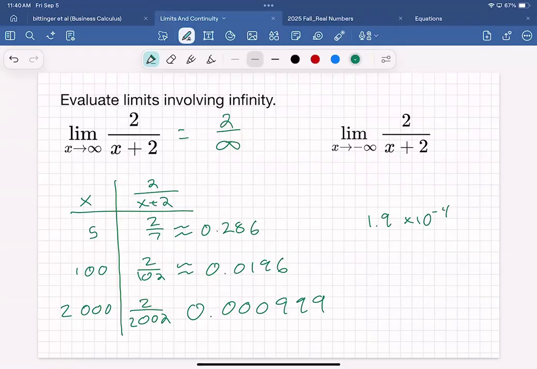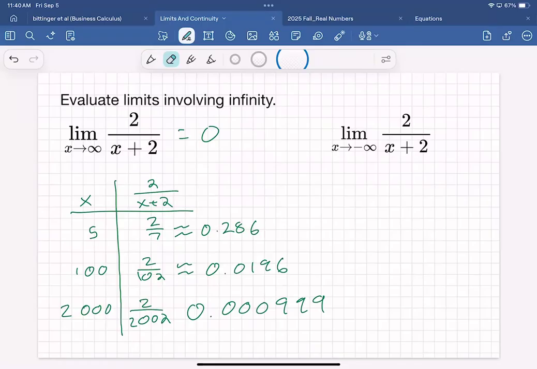But will we ever actually get to zero if we started plugging in numbers? No, right? We could plug in numbers, they're just gonna continue to get smaller and smaller. Does everyone follow me on that? What do we say about the limit then? The limit equals zero. And this will be one that we definitely want to kind of watch out for. A table is a great way to discuss that, though. Everyone follow me on that?